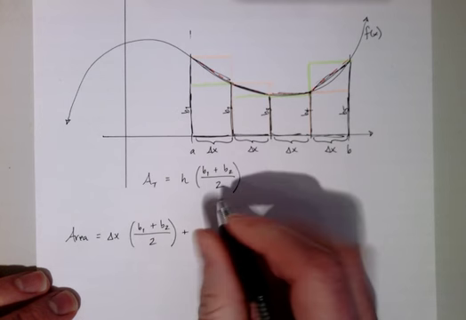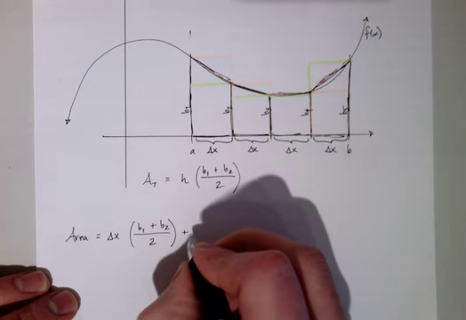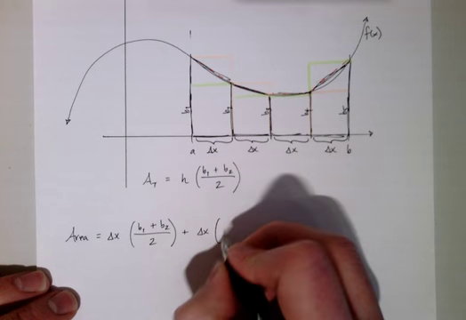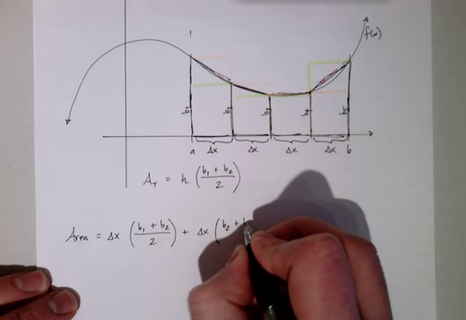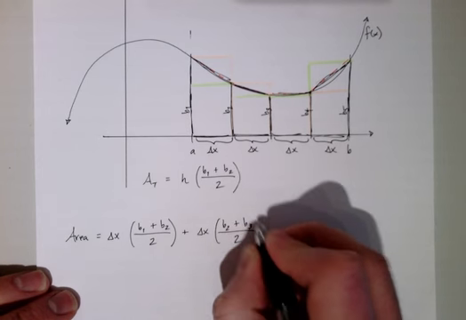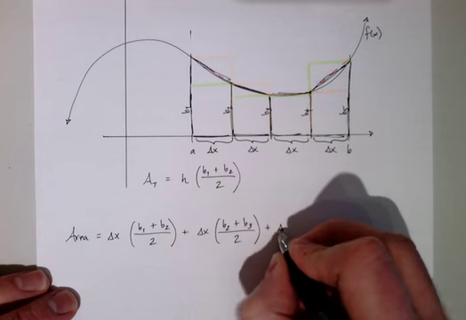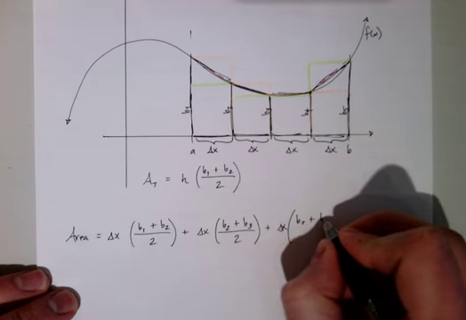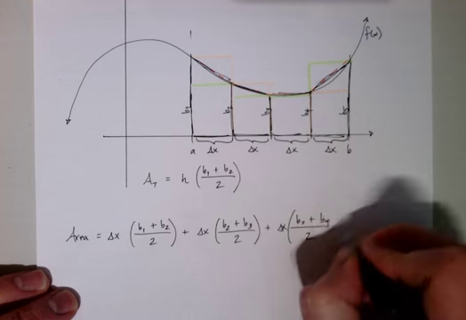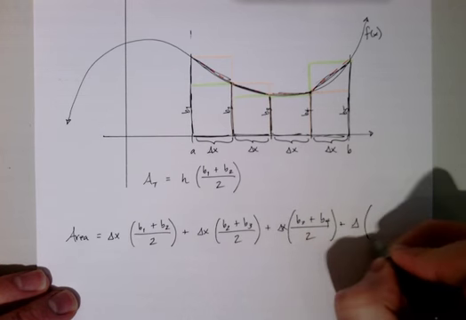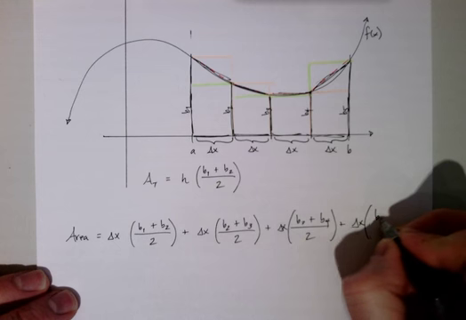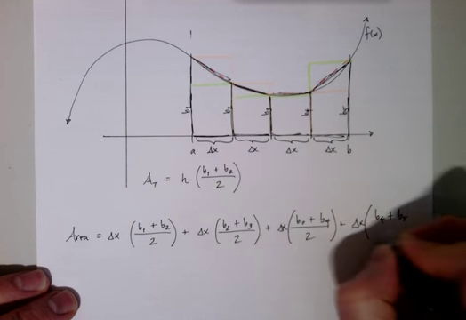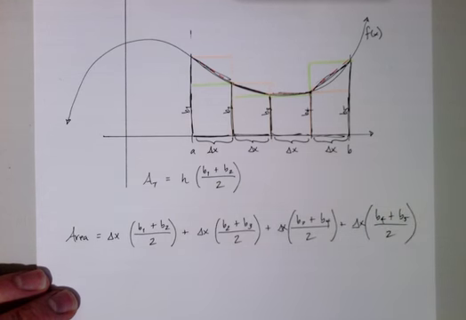Let's do the area of this second one. Notice that base 2 gets used again, because it's base 2 plus base 3 averaged. Then for the next one, it's delta x times base 3 plus base 4 averaged, and base 4 plus base 5 averaged.